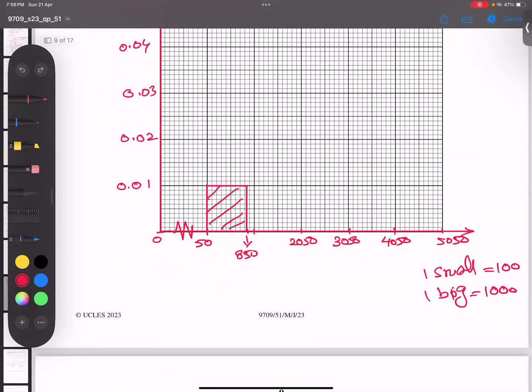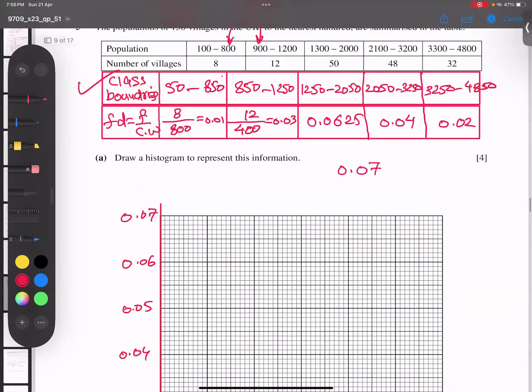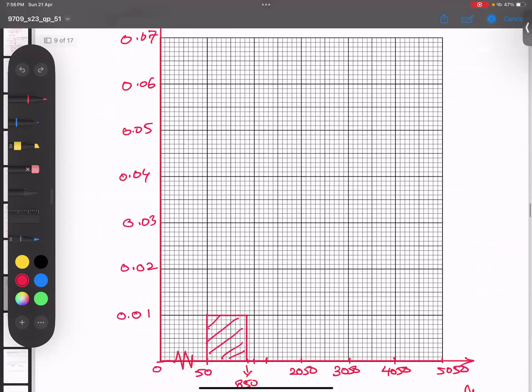Now from 850 to 1250. Where's 1250? You know, this is 1,000. There's 1250. So 1,000, 1,100, 1,200, and 1,250. And what is the height, students? 0.03.